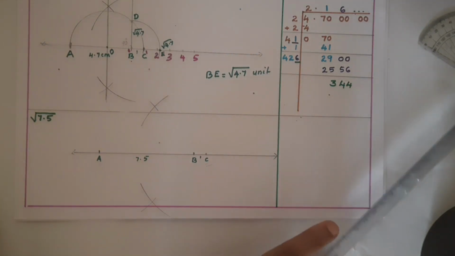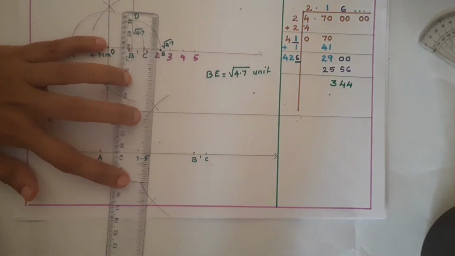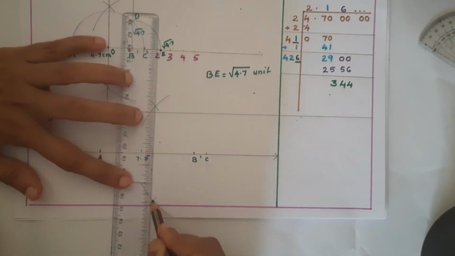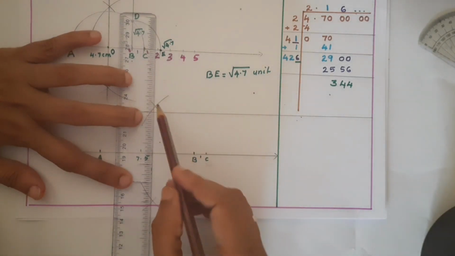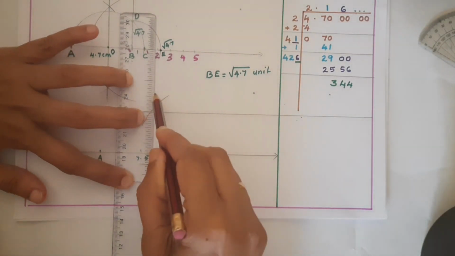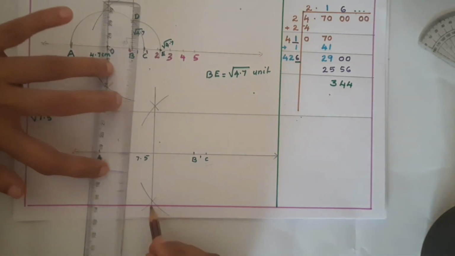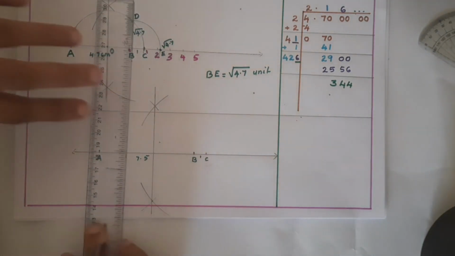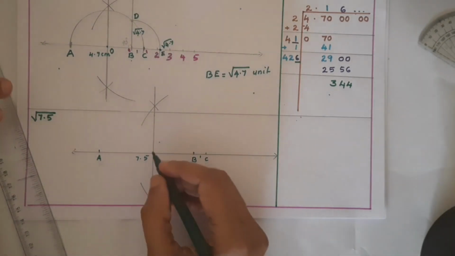Okay, now we have to join these 2 points of intersection. So what we have to mark? This point we have to mark as O.